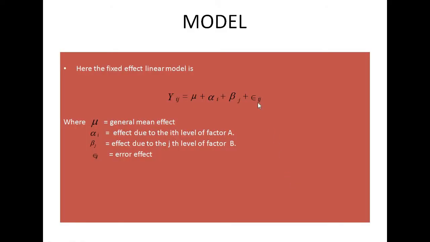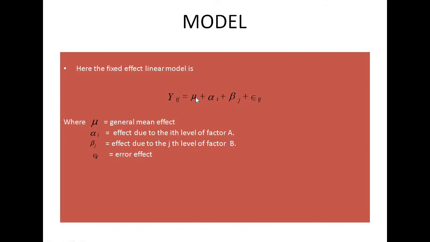This is the fixed effect linear model used in this two-way classification. Here the model is Yij is equal to mu plus alpha i plus beta j plus epsilon ij.